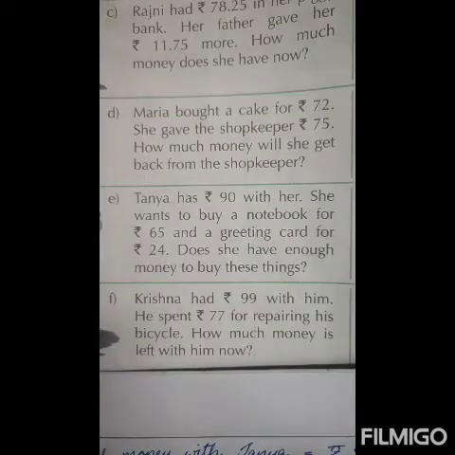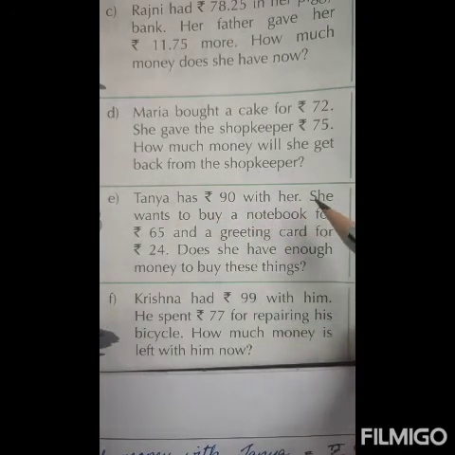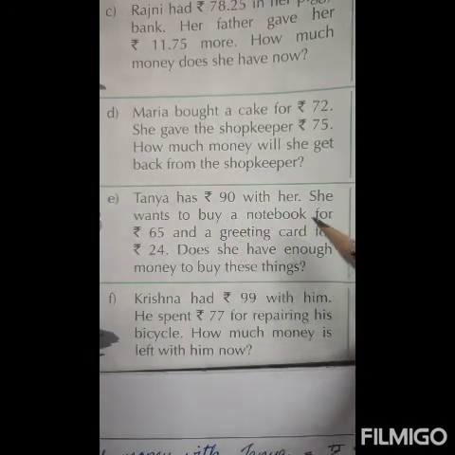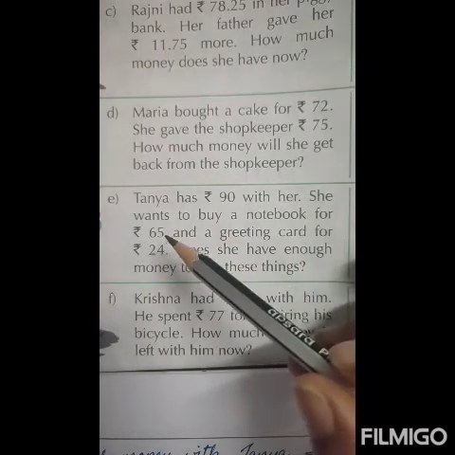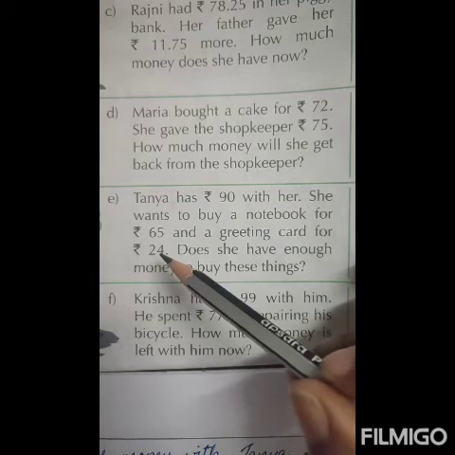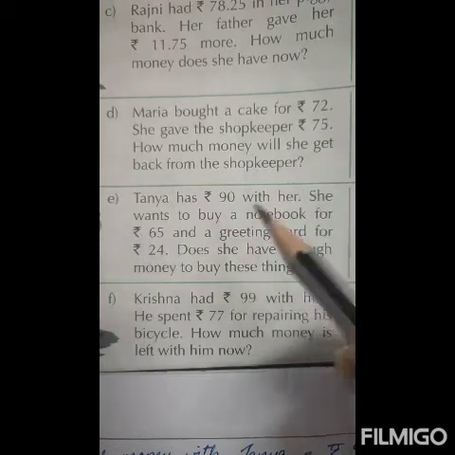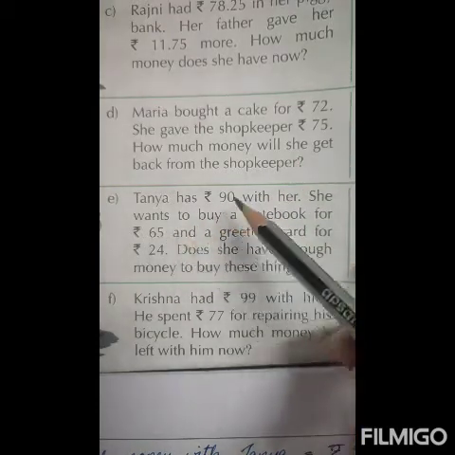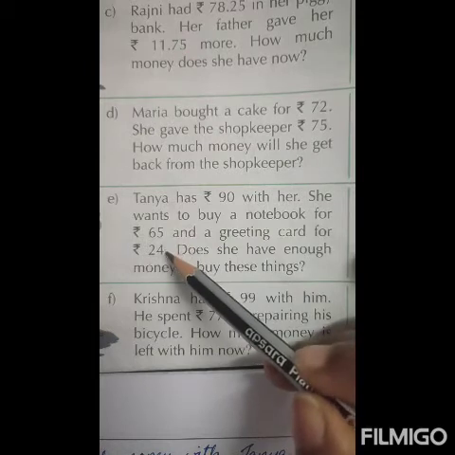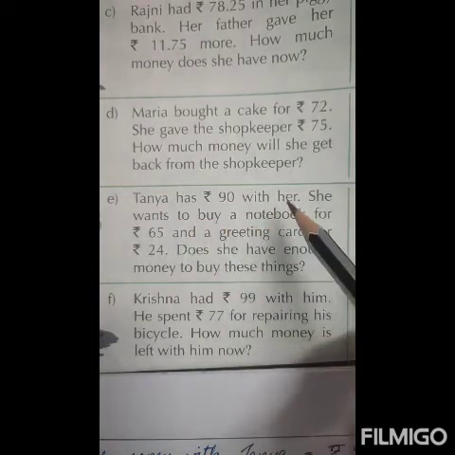Next is number E. Tanya has rupees 90 with her. She wants to buy a notebook for rupees 65 and a greeting card for rupees 24. Does she have enough money to buy these things? Now what you have to do is, you have to add them first. See, Tanya has rupees 90 with her.